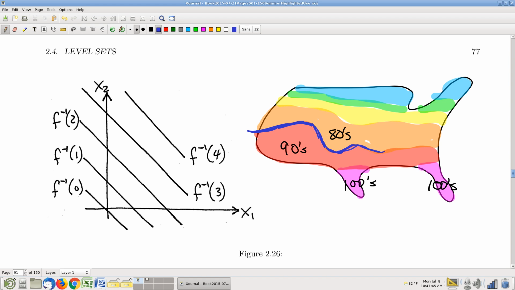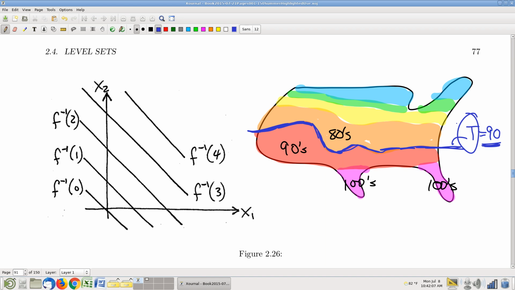And what value is it that is the barrier between the 80s and 90s? That is where the temperature is exactly 90. So those barrier curves, sort of where the colors meet, those are level sets of the temperature function. Everybody on board?